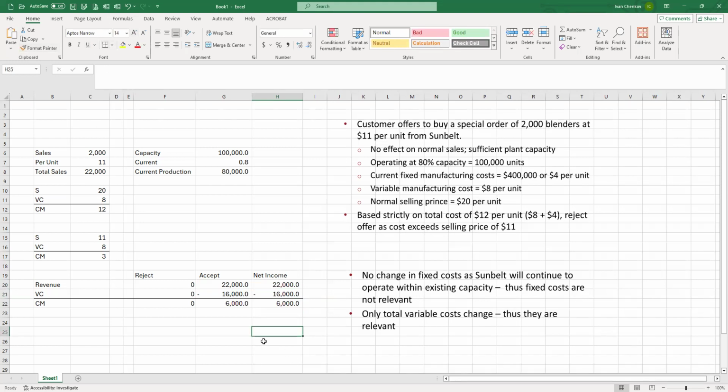That goes directly to the operating income, net income. That's how Wiley wants you to do the questions. They want to show you reject and accept, and what's the difference between one and the other. Make sense? That's all you have to do. Okay. So let's go back to slides and keep going with the next project.